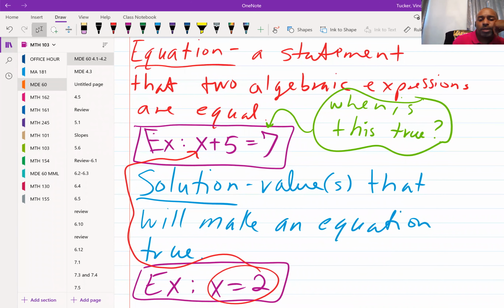So in this case, it's going to be x equal to 2. Now you will always be able to check your solutions by plugging them back into your original equation for that variable. So if we have x equal to 2, I can plug it back in for x into the original equation. 2 plus 5 is equal to 7. And that's our true statement. All right.